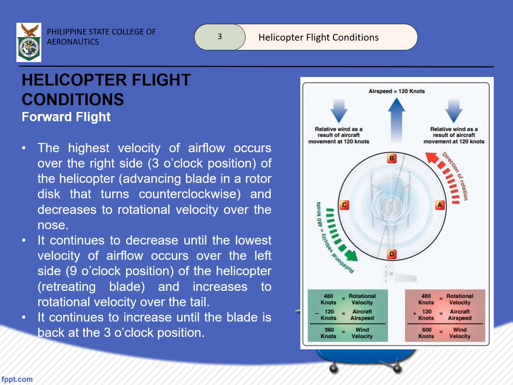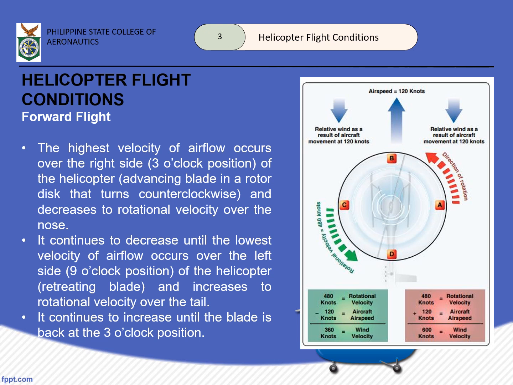Since we mentioned that it varies, the highest velocity of airflow occurs over the right side, 3 o'clock position of the helicopter, and decreases to rotational velocity over the nose. It continues to decrease until the lowest velocity of airflow occurs over the left, 9 o'clock position, and increases to rotational velocity over the tail.